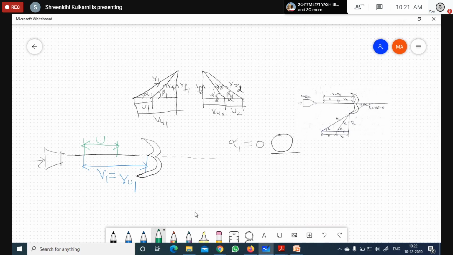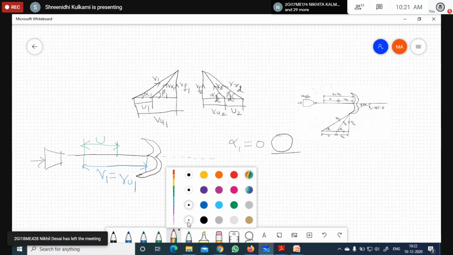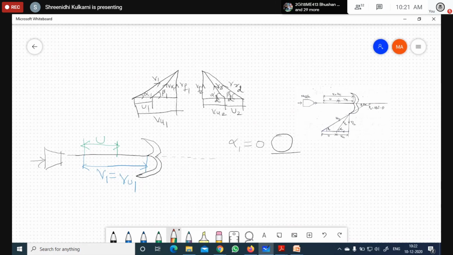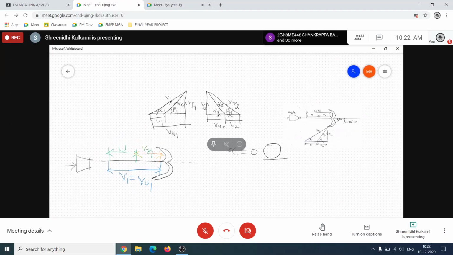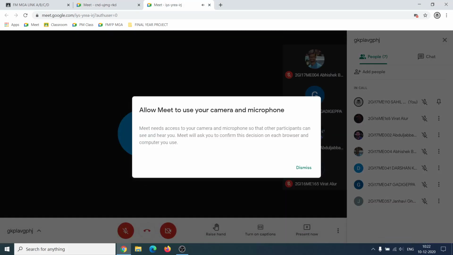And this is VR1. So do you have any doubt in that inlet velocity triangle?